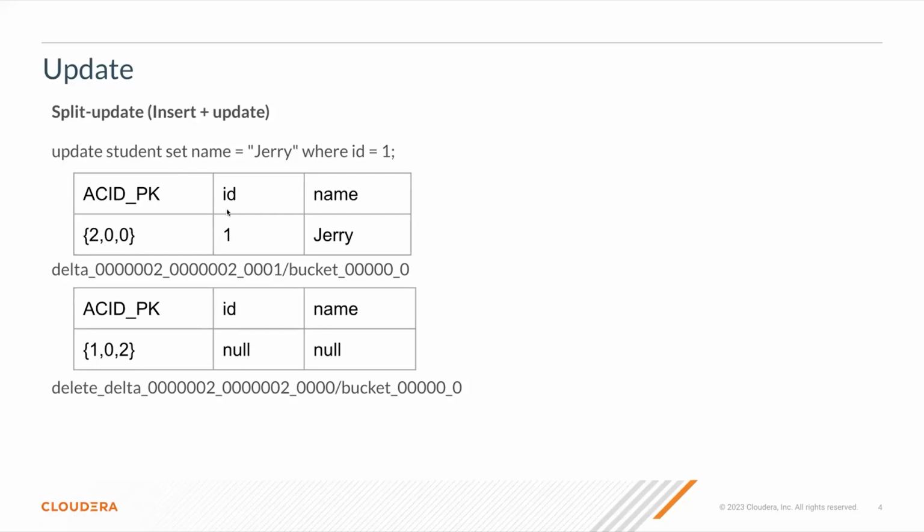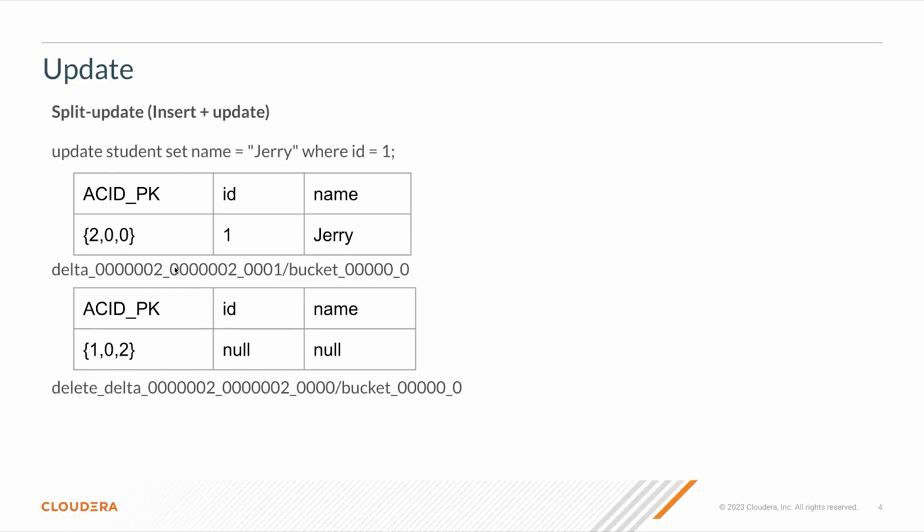So previously when we inserted 1 and Cherry, the original transaction was 1 and the bucket ID was 0. Now the new transaction ID is 2 because this is the second transaction that we are doing. In the second transaction, what we have done is update, for which we have to delete. So null. We have deleted the previous data which we inserted.